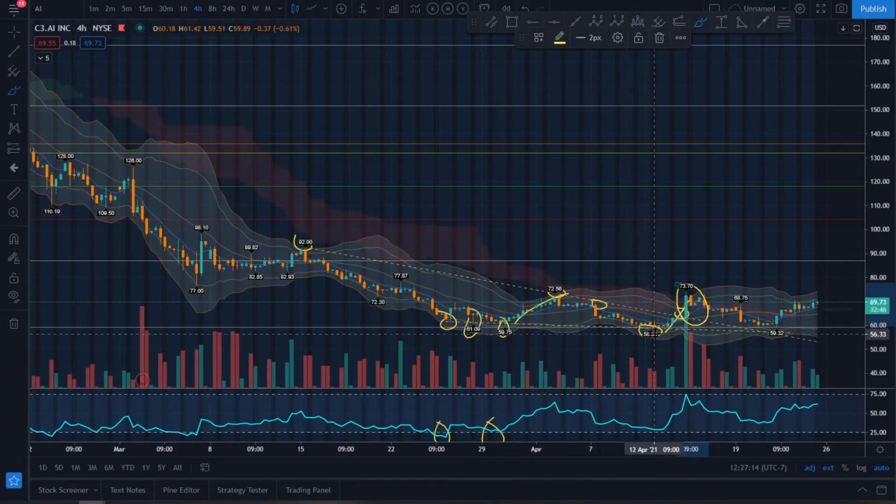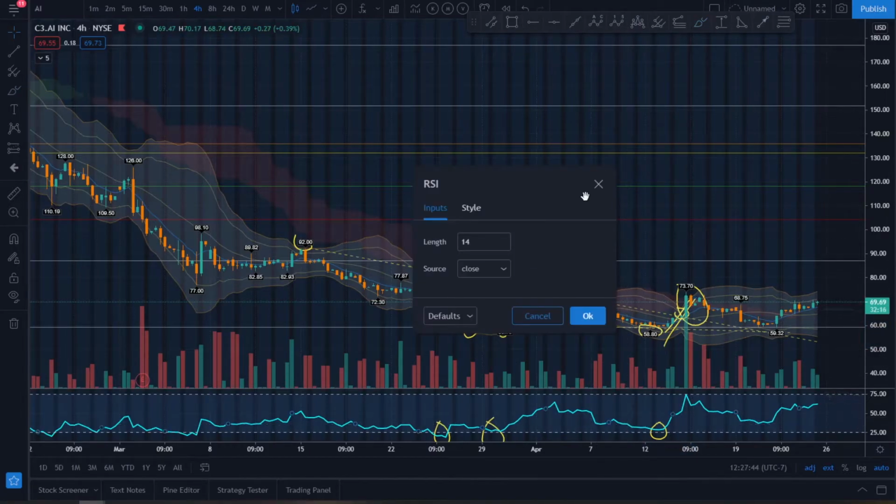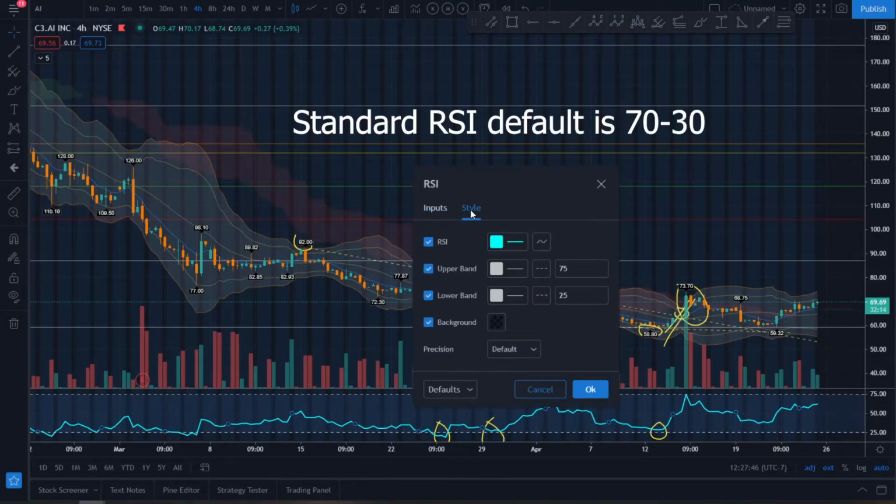And coming over here at 58.80, this was not in oversold territory as well. So therefore you see some bulls buying, having some hidden pressure basically, and this drove the price back up and breaking over the trend line. And I myself, instead of the standard 70 and 30 on the RSI, I use 75 and 25.